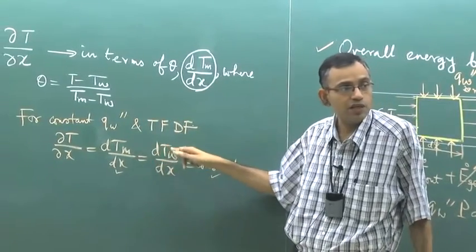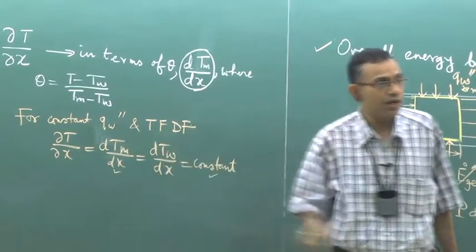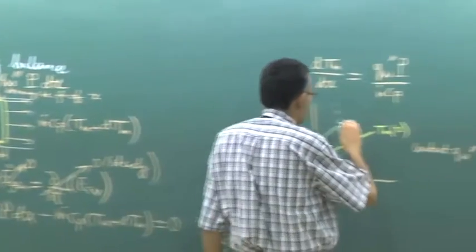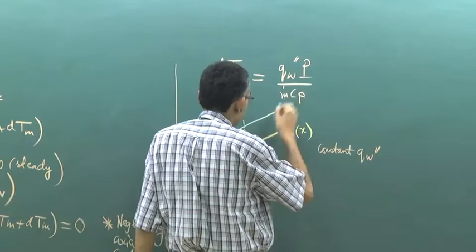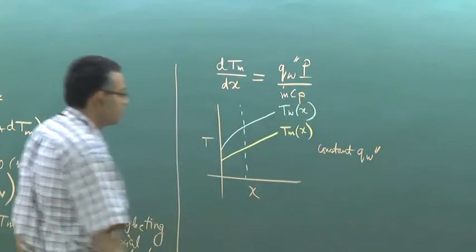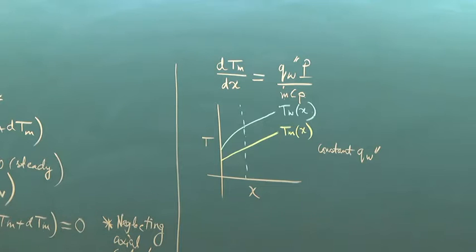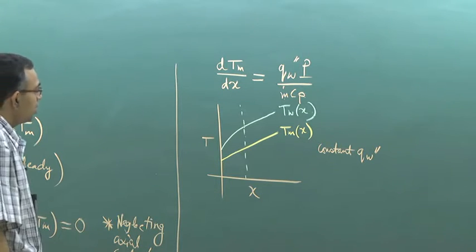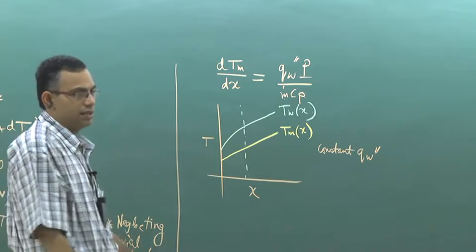So the slopes of these two straight lines are equal in the thermally fully developed region. So this is T wall as a function of x. Okay. Now, so this is the case of constant wall heat flux.